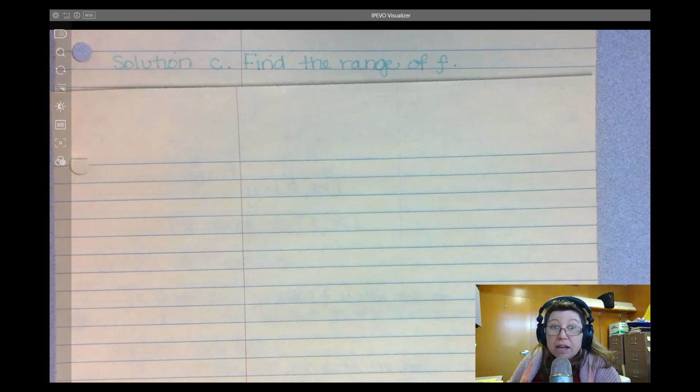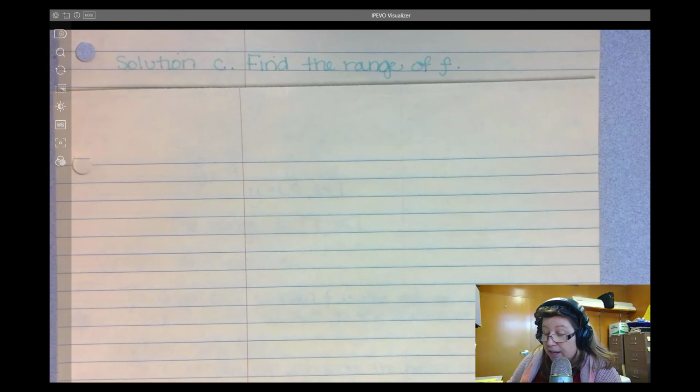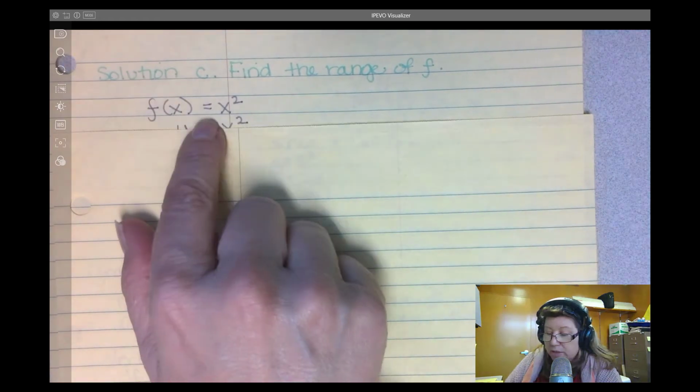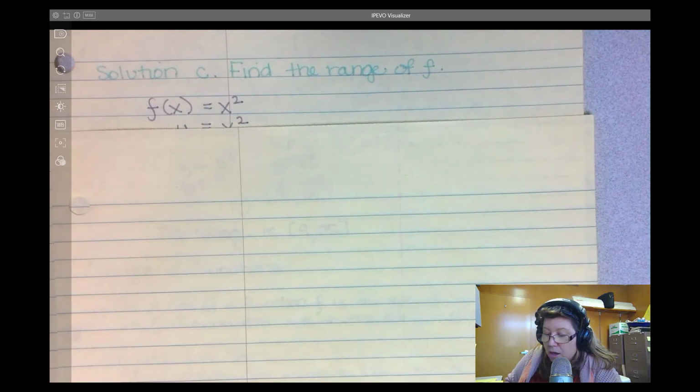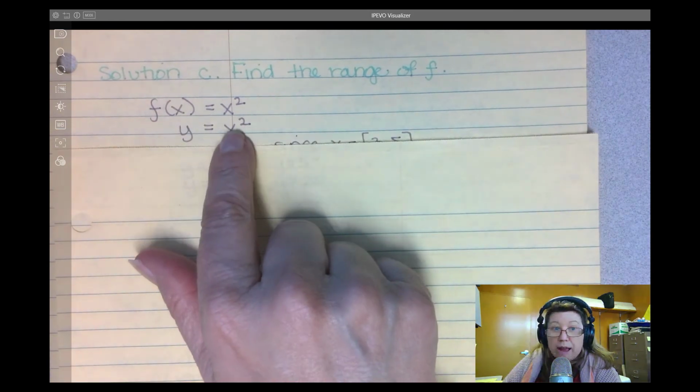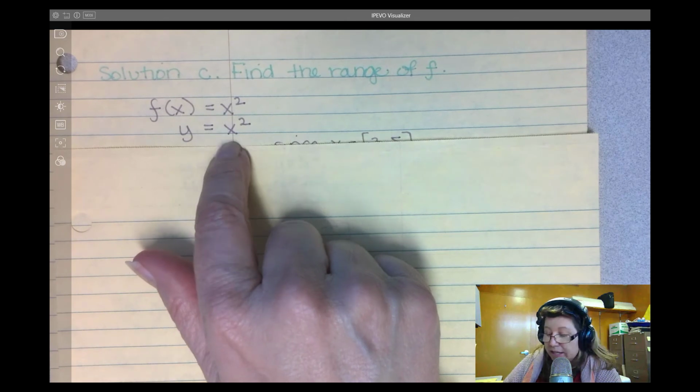Let's go ahead and find the full range of our function f. Okay, we know f of x equals x squared. We could write this as y equals x squared. We're looking for our outputs when we put inputs in.